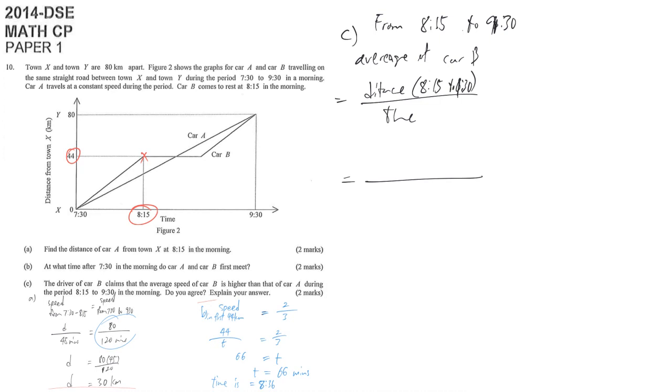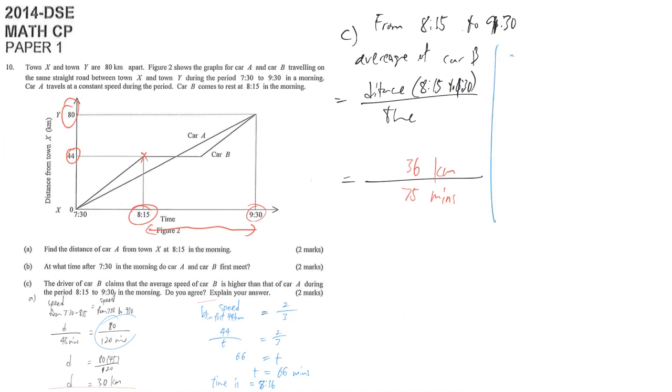At 9:30, the position is 80. That means the distance changes from 44 to 80, which is 80 minus 44, 36 km. Car B traveled 36 km only within this time period. And then how long did he spend? The time between 8:15 and 9:30 is 75 minutes.